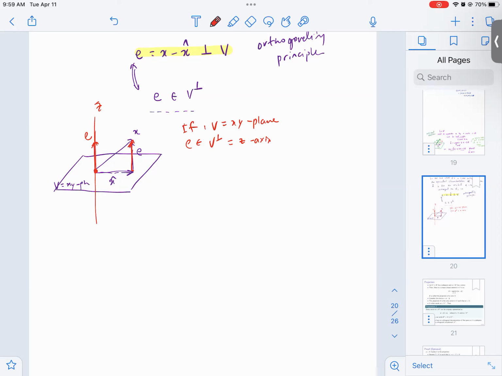Similarly, if you think a little bit about this, what would happen if I try to project X onto this Z axis? What do you think would happen? Yeah, so if I project now X to the Z, the projection would be E, right? And this X hat would be the residual.